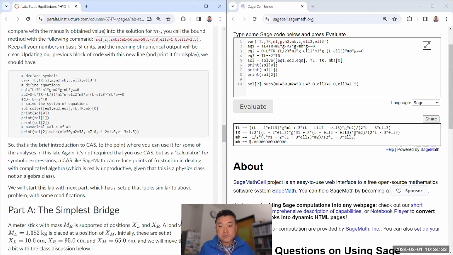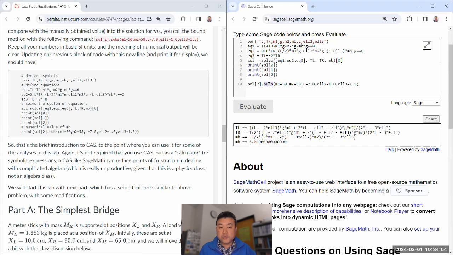These are the two main ways that I use SageMath in this class. I use it to solve a system of equations, that's the solve function. And I use it to help specify values that I use for calculating a numerical value in a kind of logical fashion. That's the substitute function.